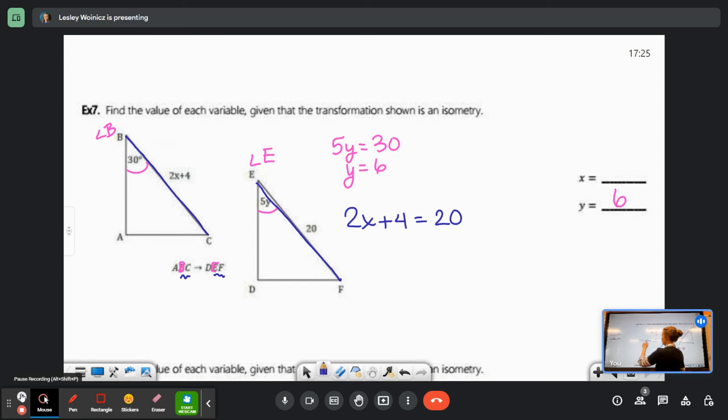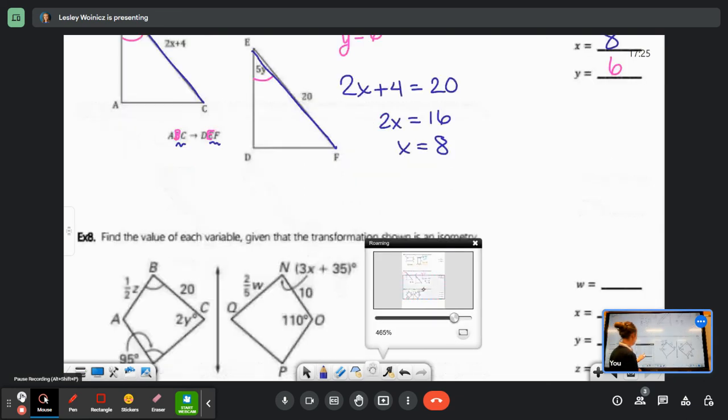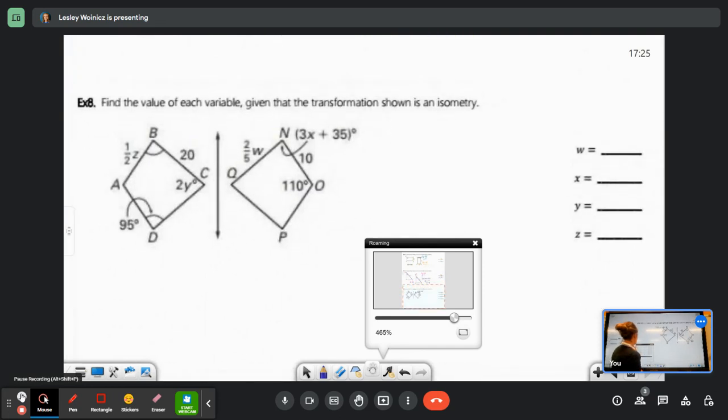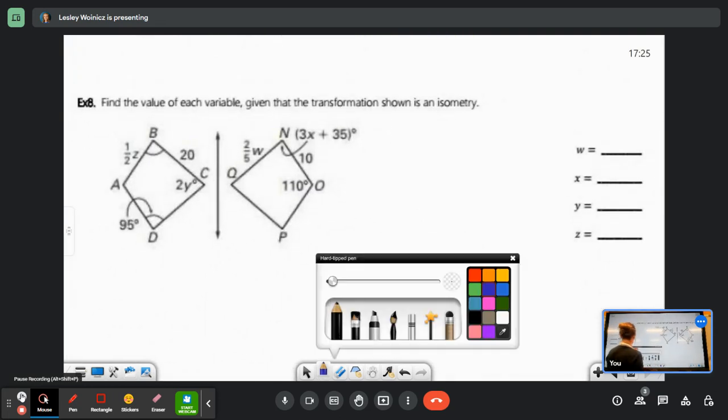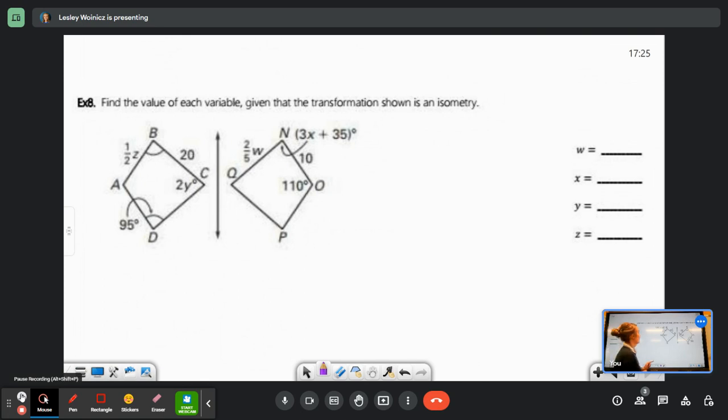Subtract 4 from both sides. I get 2x equals 16, and x is 8. All right. Okay, we're fine.